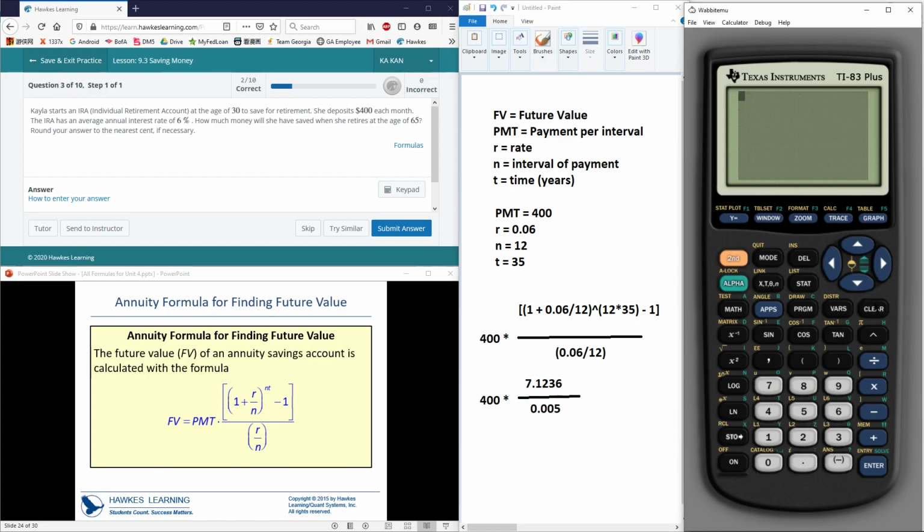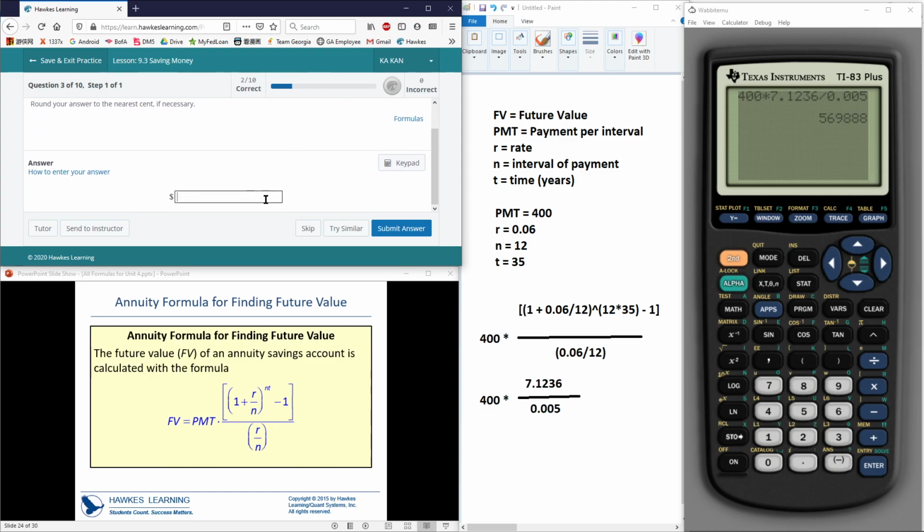That'll be 400 times 7.1236 divided by 0.005. Enter. And I got this. So this is how much money you will have in 35 years, provided the interest rate is correct.